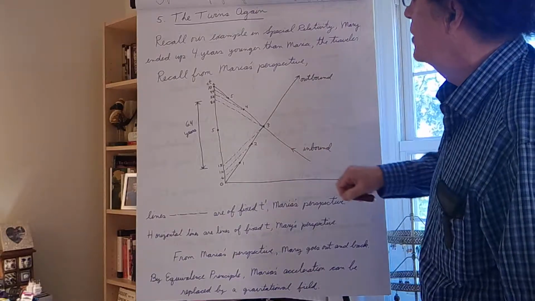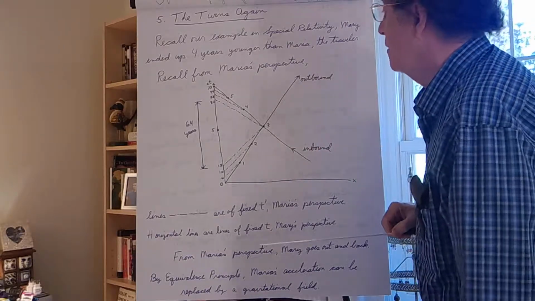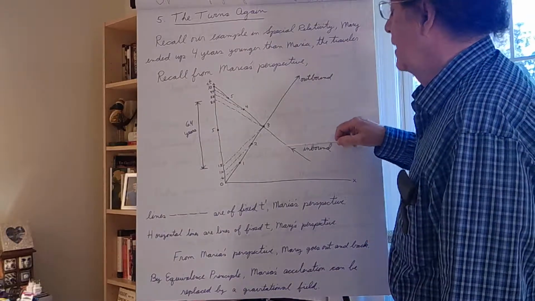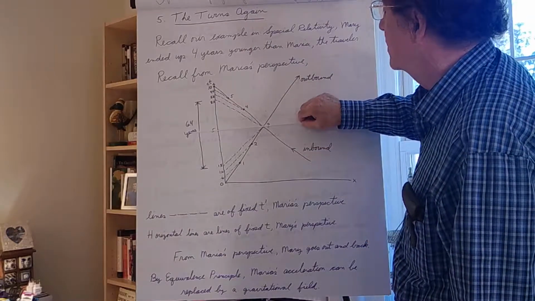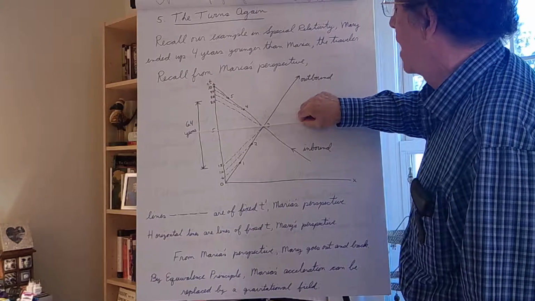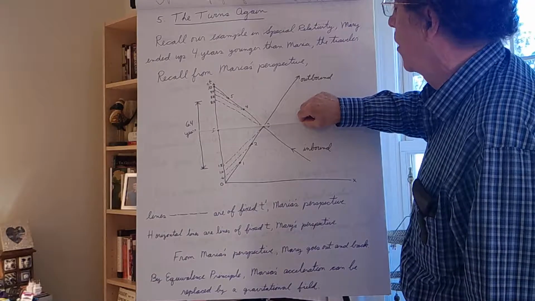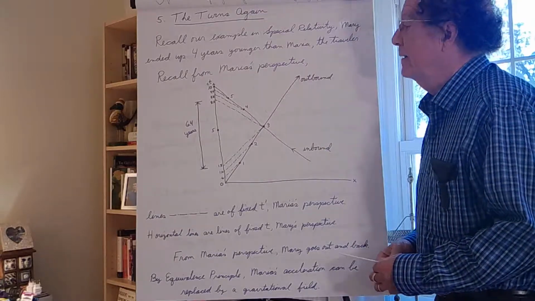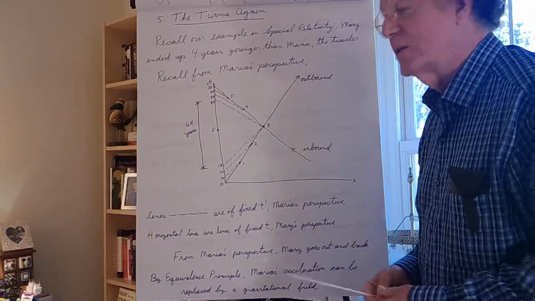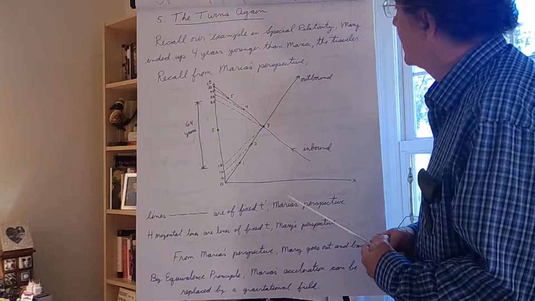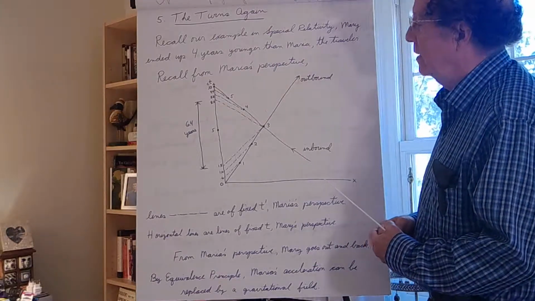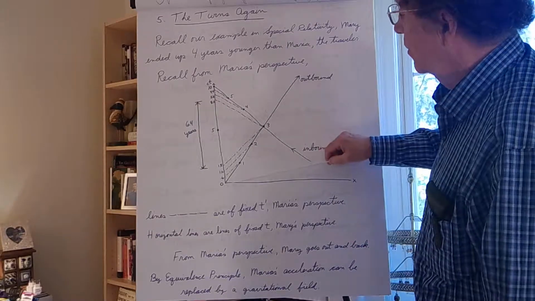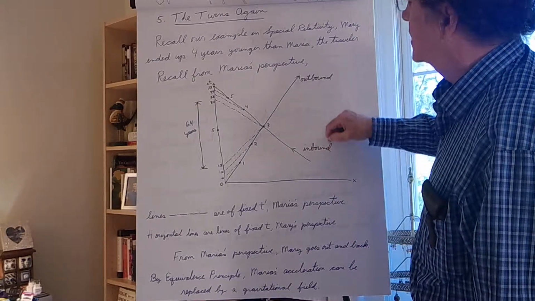She views Maria's clock, and by time dilation, she ages 5 years over a period where Maria ages by 3 years. That's just time dilation for the particular v over c that's chosen in the problem. And so Maria keeps an eye on.